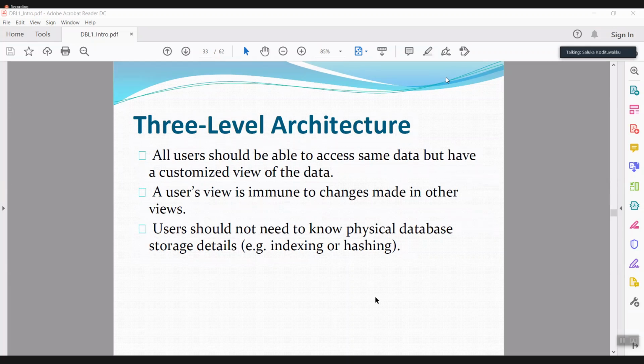Then we also discussed the need for database management. Then we moved to discuss two types of data management techniques. One is manual and the other one is automated database management.